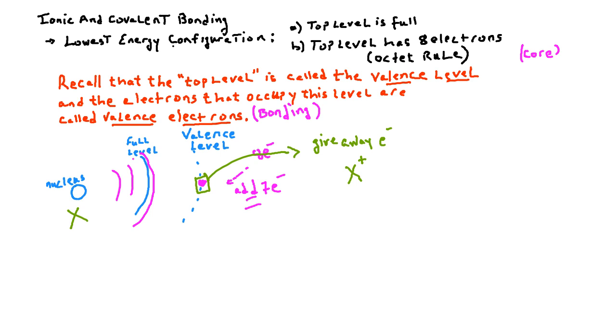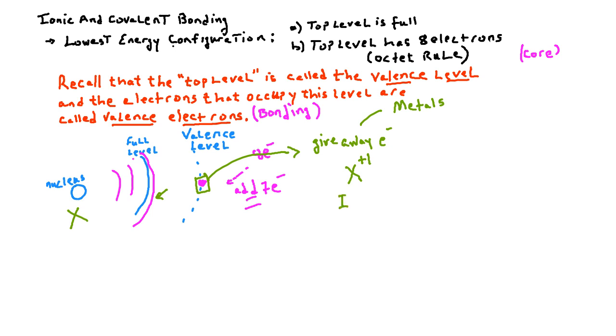Anything that gives away electrons, if you remember, we called these metals. Metals like to give away electrons. Now, if you give away 1 electron, then the top level is full, and so this atom would be happy.